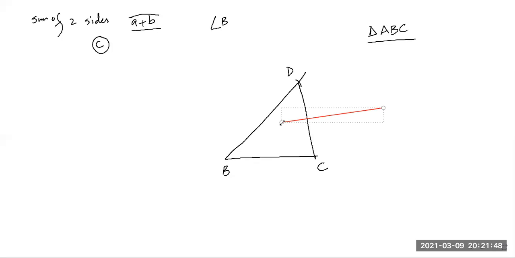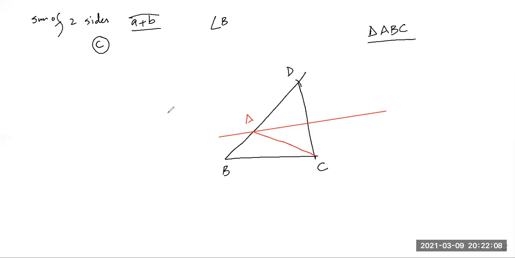Wherever the perpendicular bisector of DC cuts BD, that is the vertex A of your required triangle. Simply join A and C. You will get ABC as the required triangle.